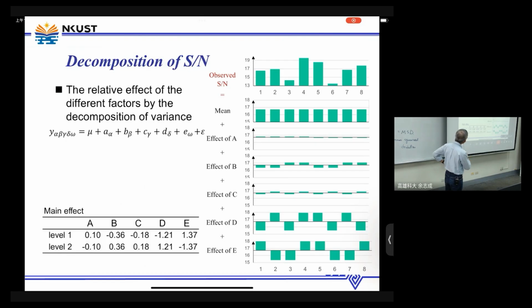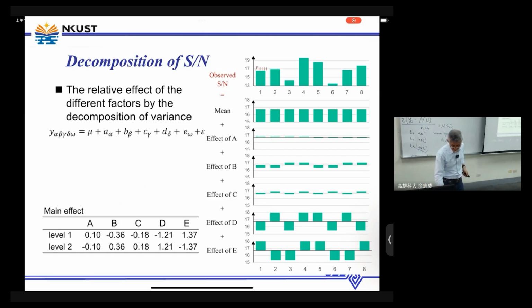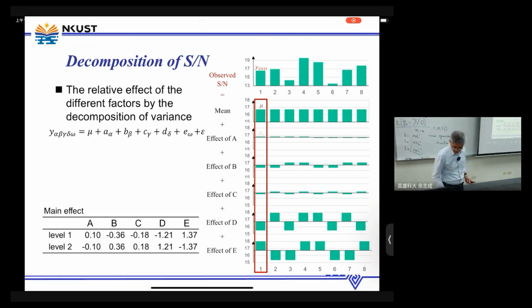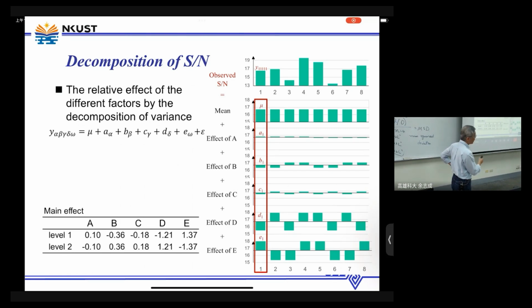Because we write the output using this additive model, we can decompose the output into a combination of the mean, which as you can see is the same constant for all 8 designs, and then the main effects A, B, C, D, E. For the first design, the combination is A1, B1, C1, D1, E1.